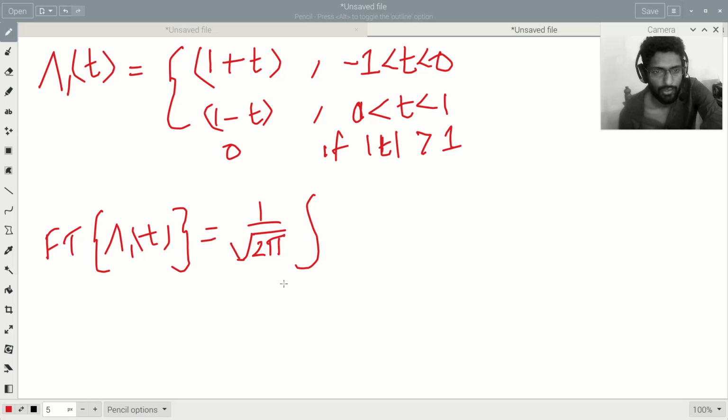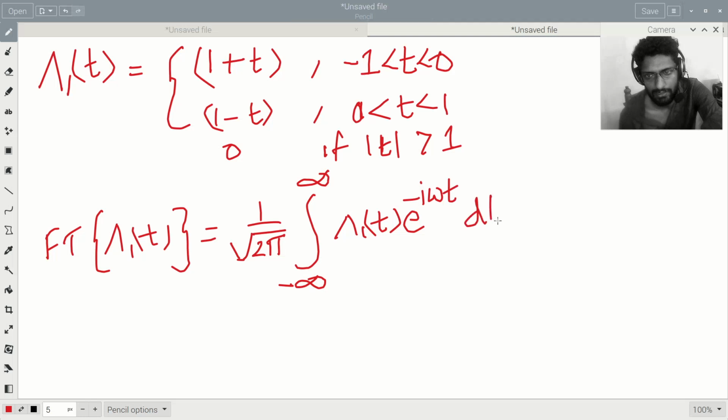Usually we have this 1 by root 2 pi when we do physical problems, times the integral with limits from minus infinity to infinity of our function triangle 1 of t times e raised to minus i omega t dt, and after evaluating this integral we will get another function in omega.